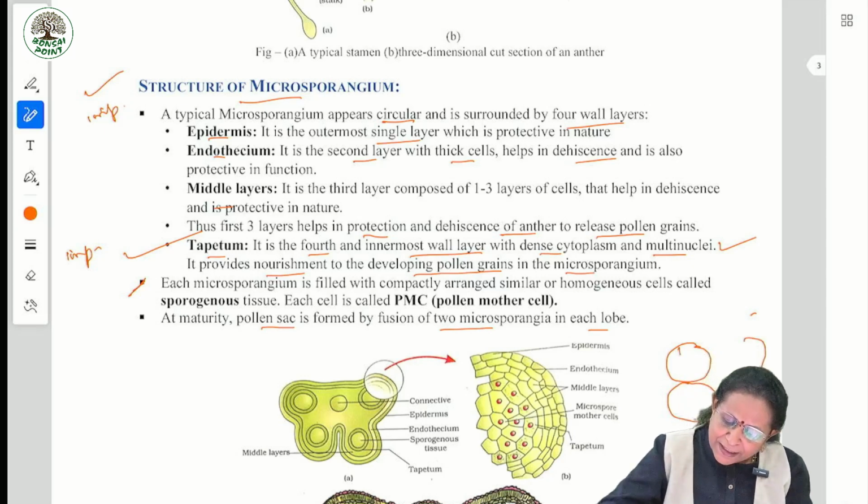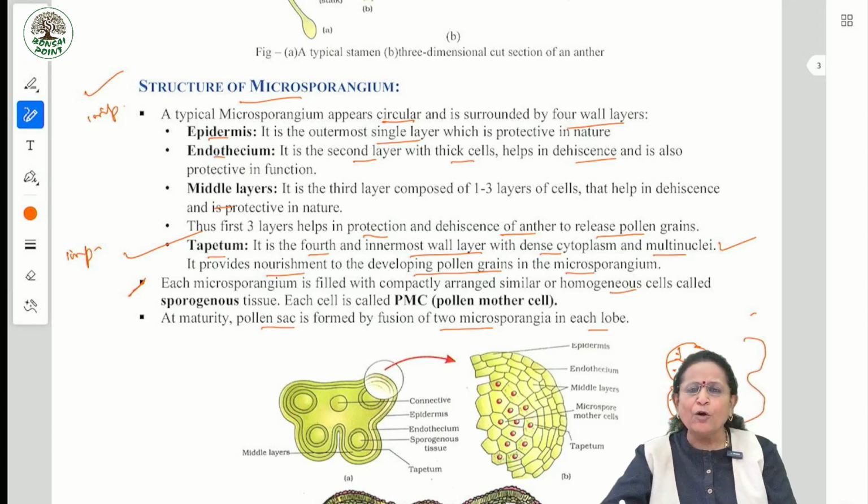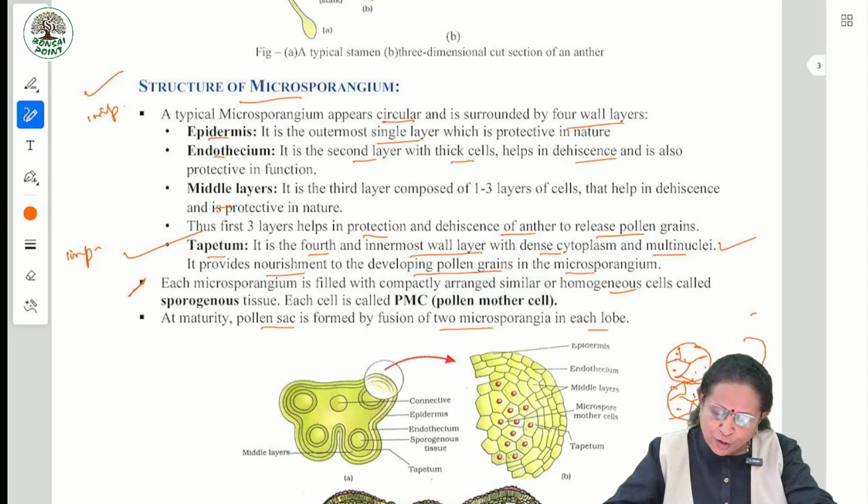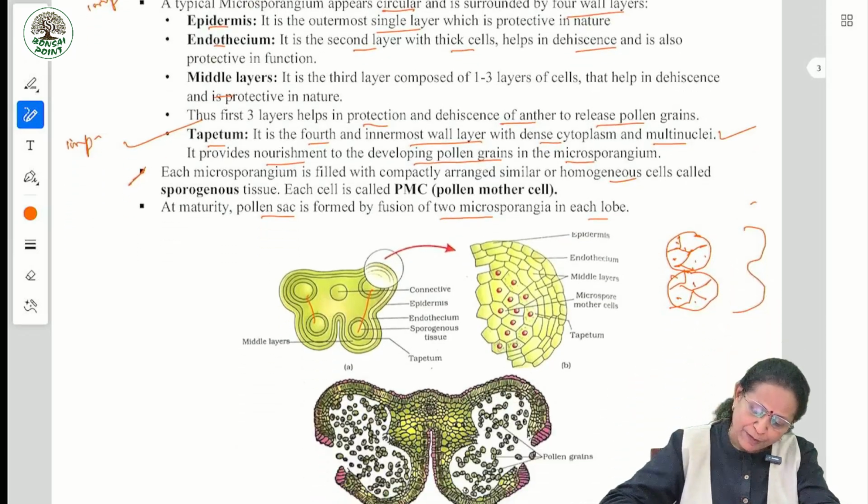Thus, we say that the cells present in the microsporangium are of similar type and hence they are homogeneous, or we say sporogenous tissue. At maturity, these two join to form 1. On the other hand, these two form 1. Thereby, 2 pollen sacs are formed. Okay.